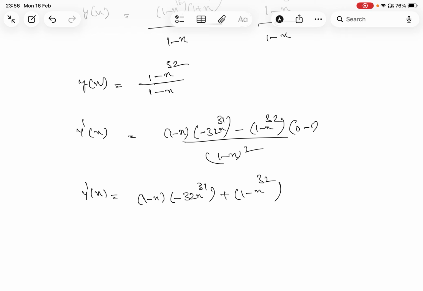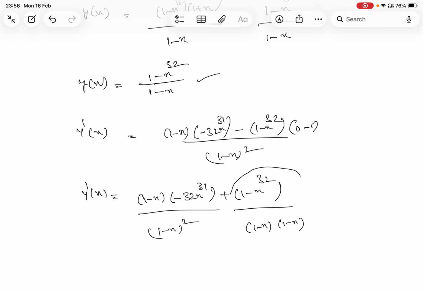Let's write the denominator separately here. This is 1 minus x whole square. You can write it as 1 minus x into 1 minus x. As you can see, this y of x is 1 minus x power 32 by 1 minus x.